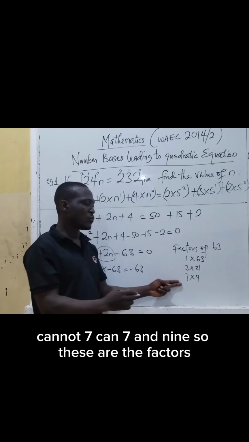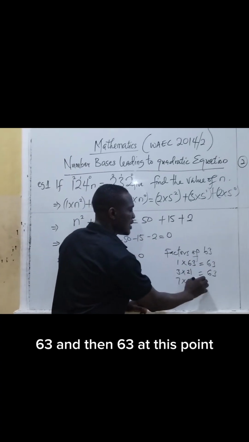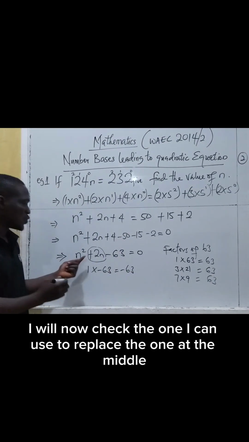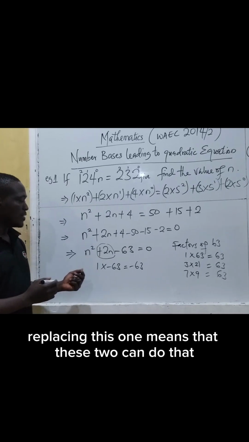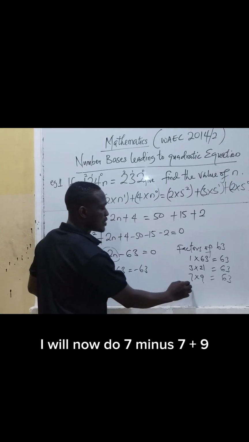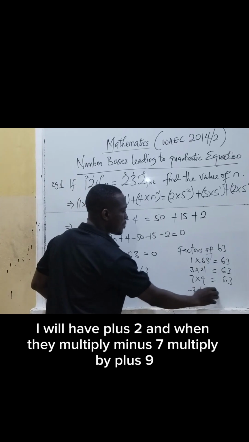So these are the factors. Each of them will give me 63. At this point, I will now check the one I can use to replace the one in the middle. Replacing this one means that these two can do that. I will now do 9 minus 7, I will have plus 2.